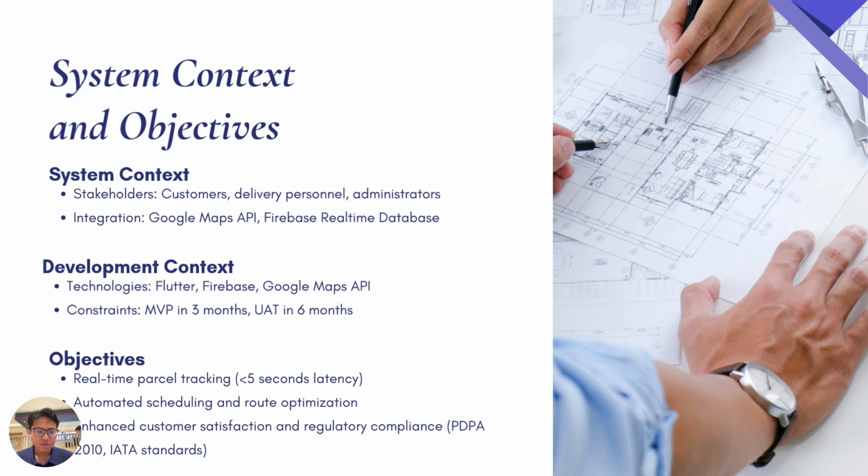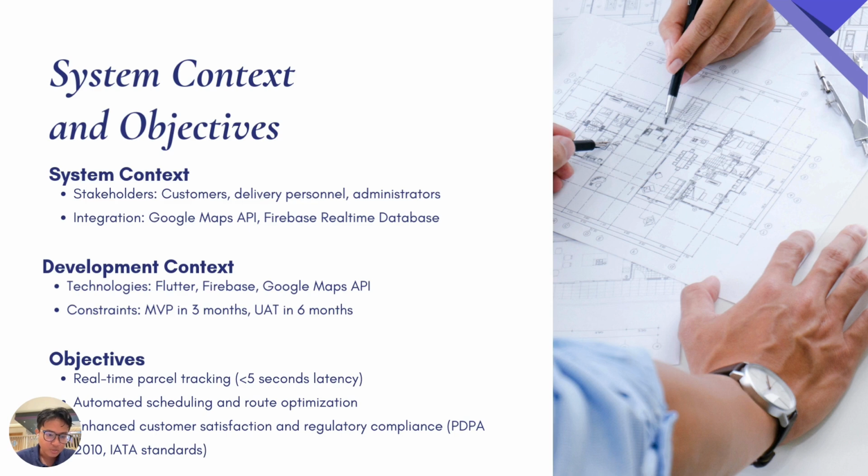All right. For system context and objectives, we have three things here, which is system context, development context, and objectives. So the stakeholders included in the system context are customers, delivery personnel, and administrators, and we also integrate this system with the Google Maps API and also the Firebase real-time database.